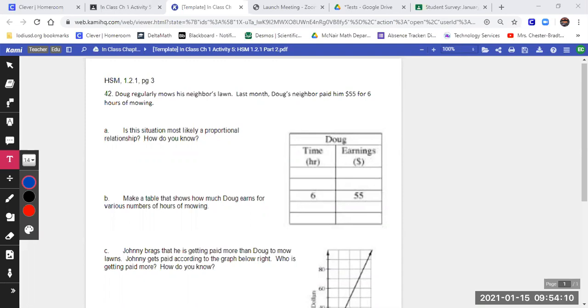Go look at the last problem on our in-class activity 4 that we did together, that if you were absent, you would have done using the video. Why were we saying that part A was proportional? What made A special yesterday?